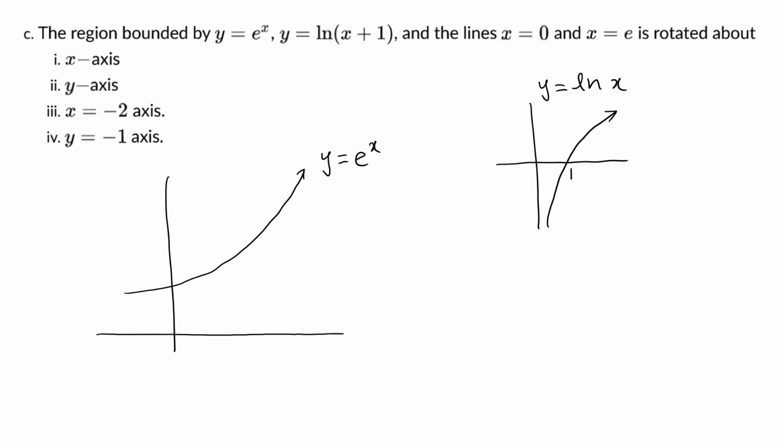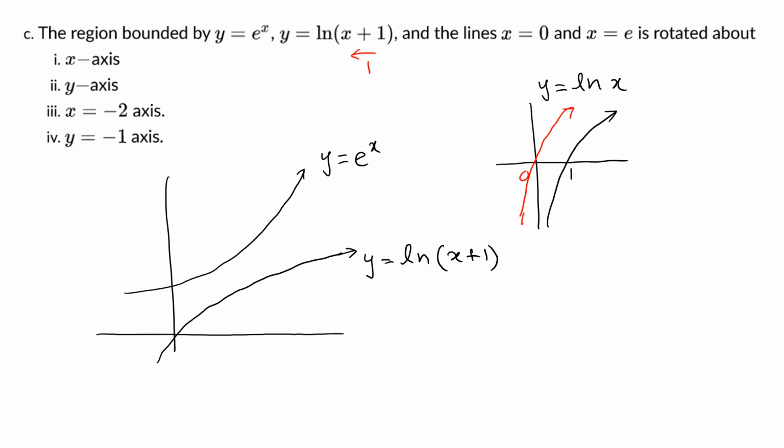So when you do plus 1, it's going to go to the left by 1. That means this 1 goes to 0. So your new graph is going to look like this. It'll be parallel to the original one, going through 0 and then going like that. That is the y = ln(x) + 1 graph.